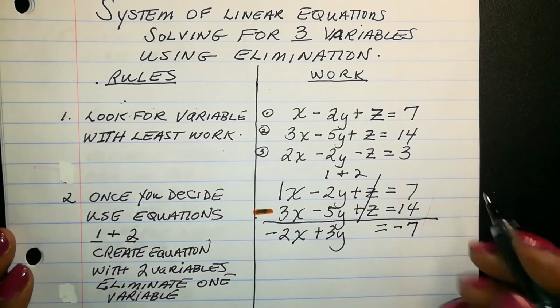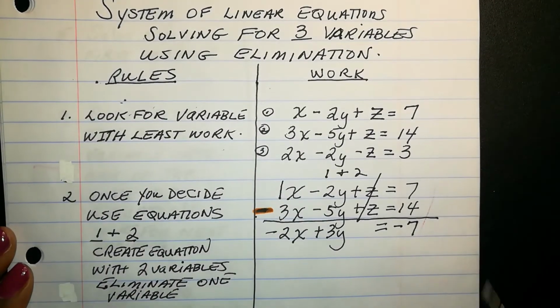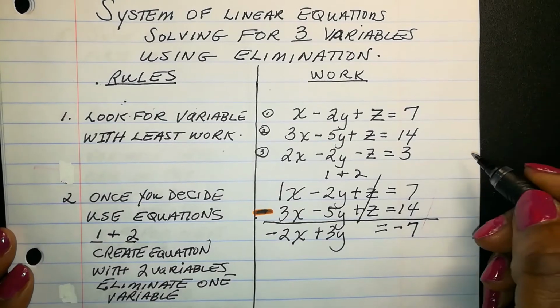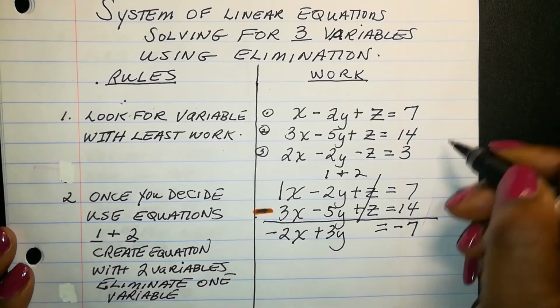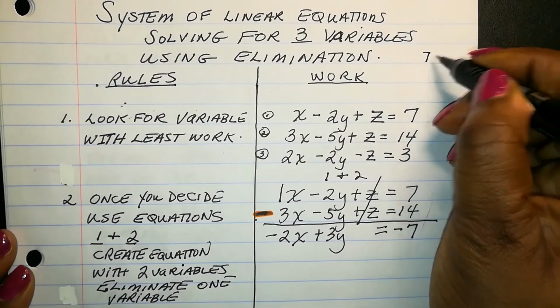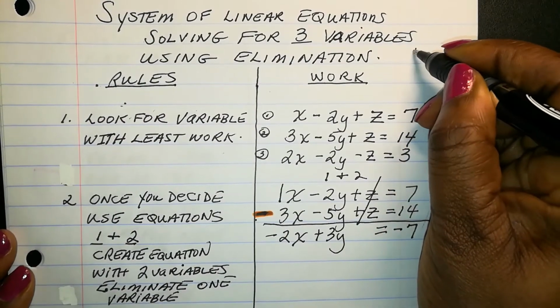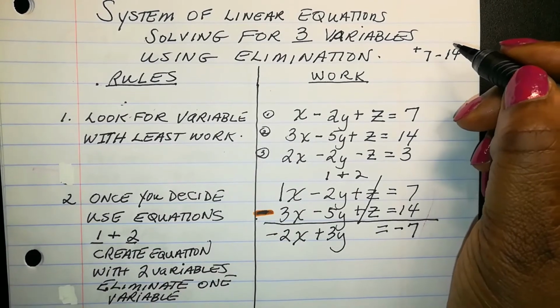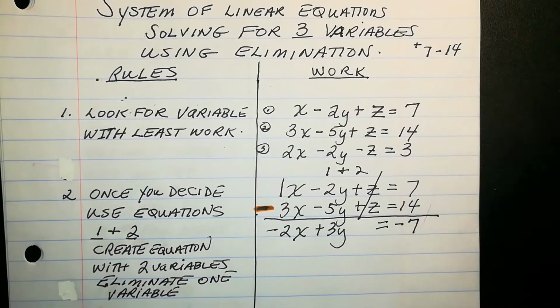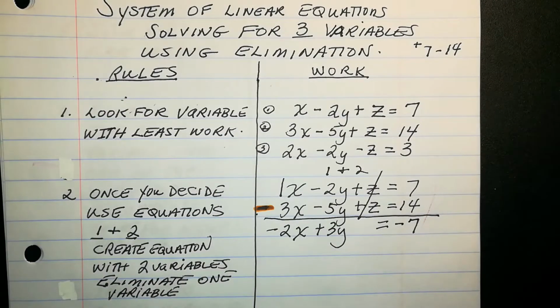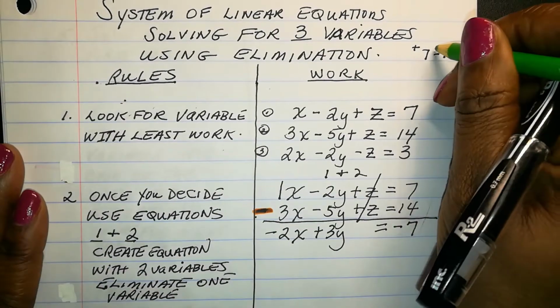We can do these problems on the side or on the top or on the bottom or somewhere. Notice, 7 minus 14. So that's a positive 7 minus 14. Now what normally happens when you have integers? You change the sign.